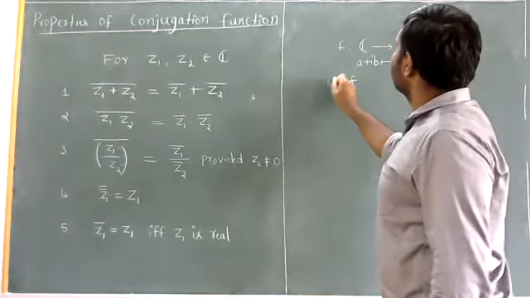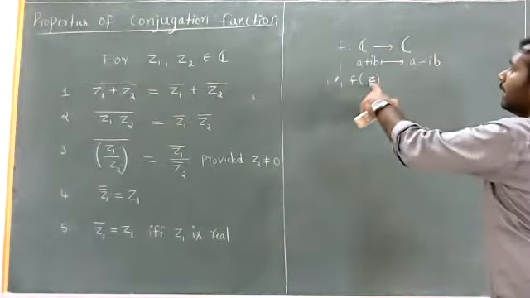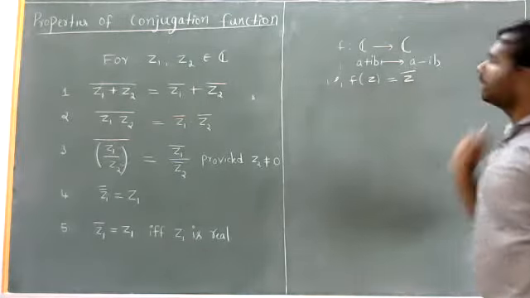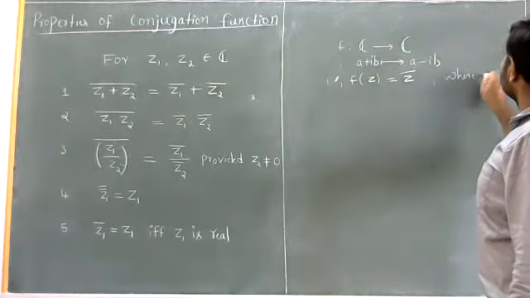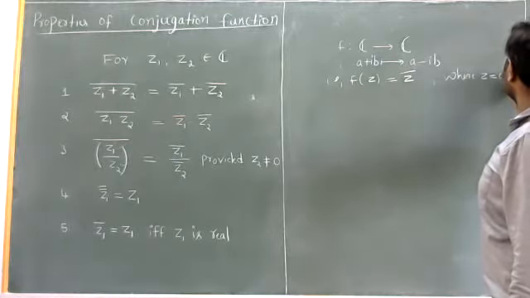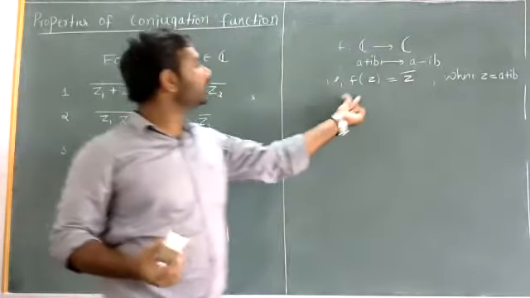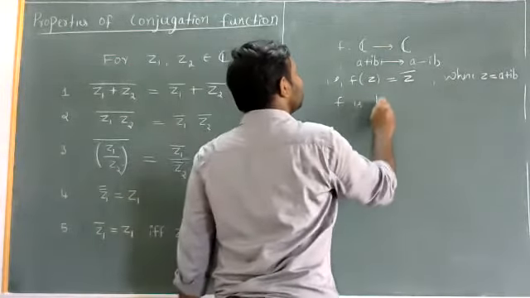Or by our representation, if I take a plus ib as z, then a minus ib is represented by z bar, where z is a plus ib. And in the previous session, we have proved this function is bijective.